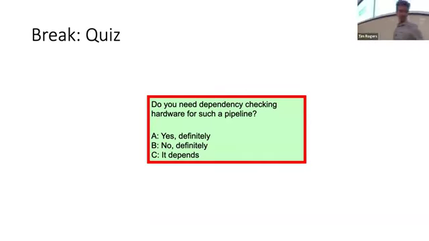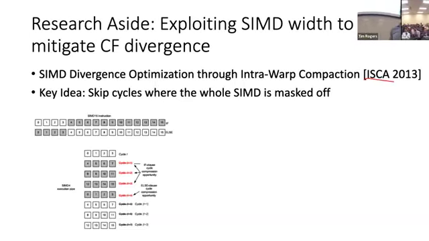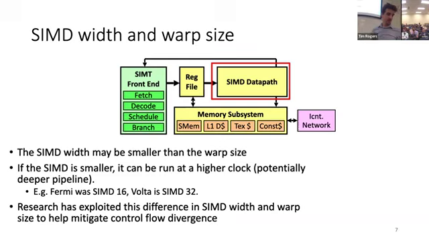But if I have this pipeline, where I'm going to tell you that for any warp, I only ever have 1 instruction in flight at a time. So I'm going to issue an instruction from 1 warp, and then I'm not going to issue another instruction from that warp until the instruction I issued finishes.